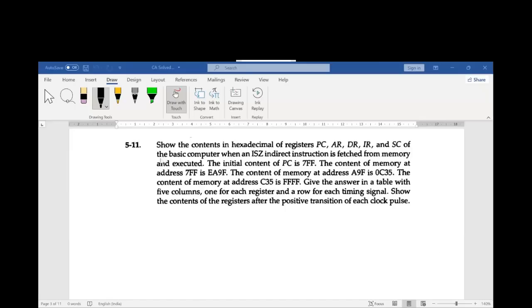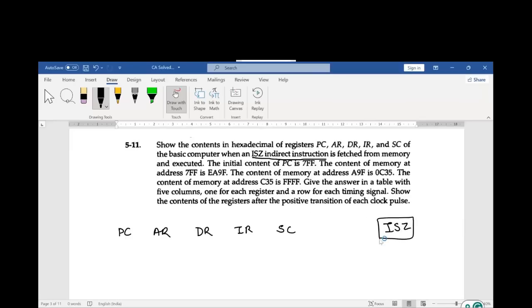The question says: show the contents in hexadecimal of registers PC, AR, DR, IR and SC of the basic computer when an ISZ indirect instruction is fetched from memory. So which instruction is to be executed?